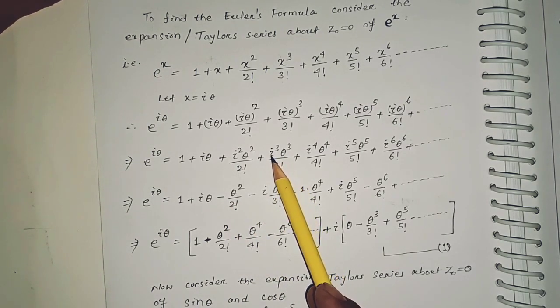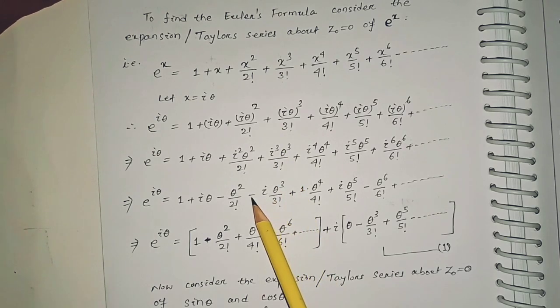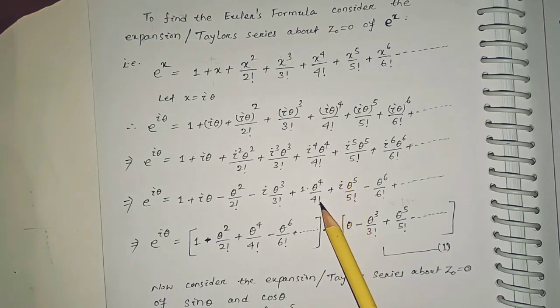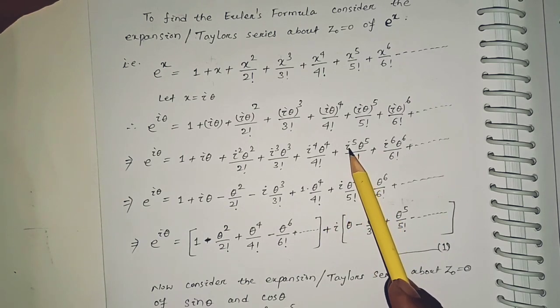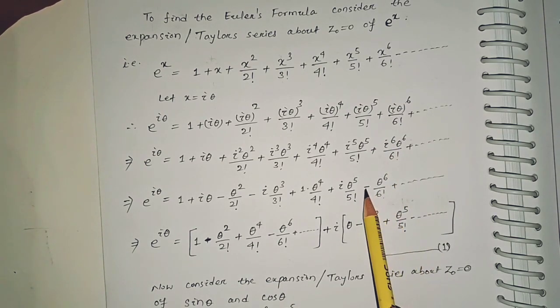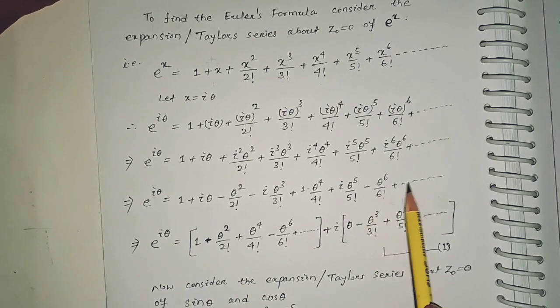So it will be minus i theta to the power 3 by 3 factorial. i to the power 4 will be 1, so theta to the power 4 by 4 factorial, and i to the power 5 is nothing but i, so i theta to the power 5 by 5 factorial. i to the 6 is minus 1, so it will be minus theta to the 6 by 6 factorial and so on.